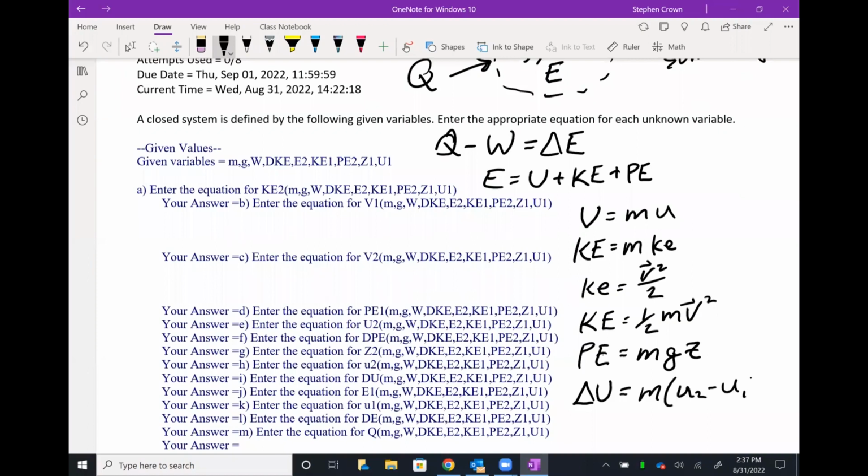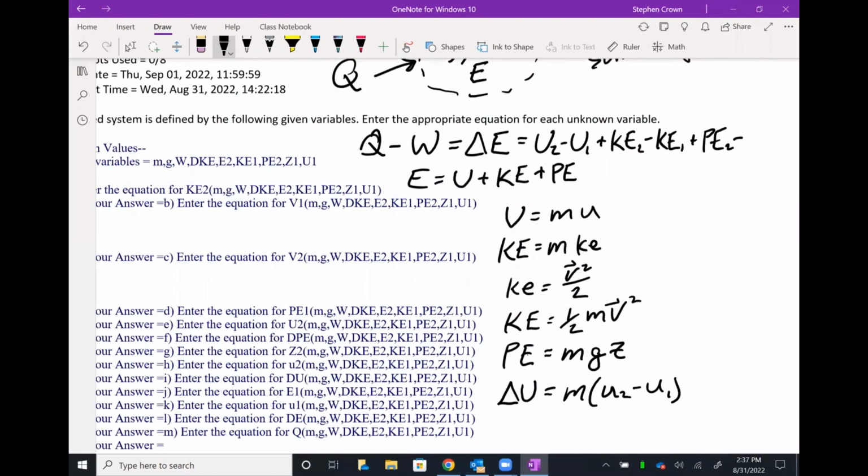And we can do the same thing for kinetic energy and potential energy. So when I'm looking at delta E, I'm really saying that this is U2 minus U1 plus KE2 minus KE1 plus PE2 minus PE1.